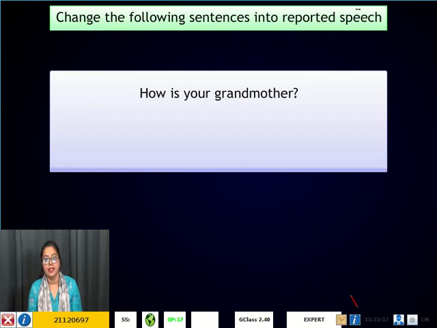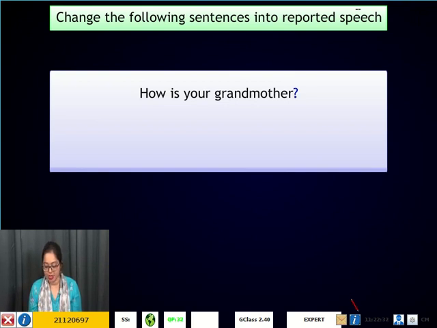Now you see another sentence coming up on the screen. What is the sentence? How is your grandmother? This is the sentence in direct speech. Now we have to convert this sentence into indirect speech.